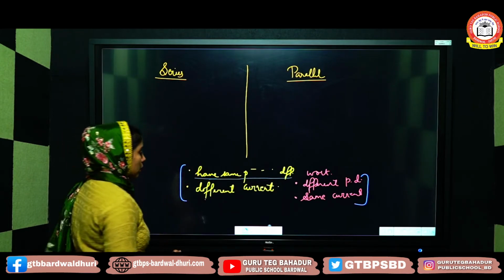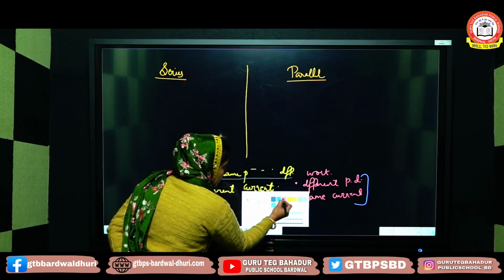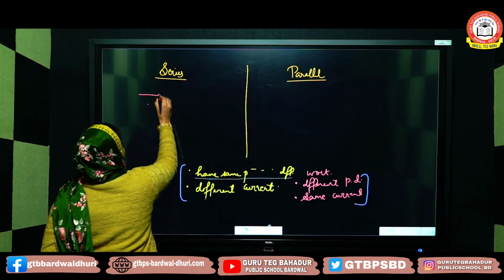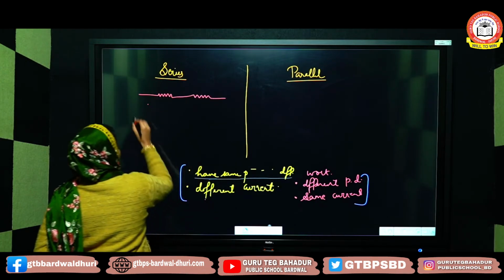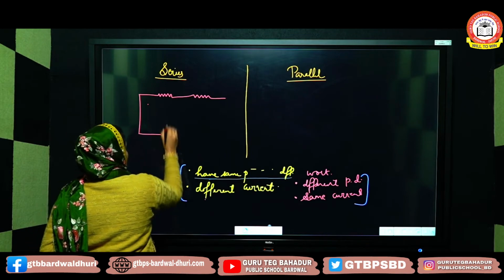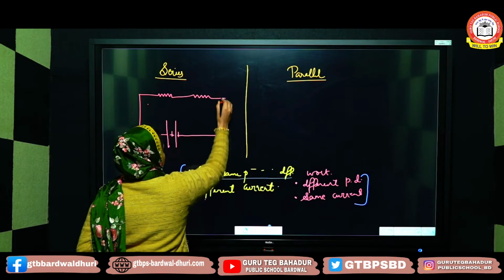So in series combination, firstly I am drawing a circuit. For example, I am taking just 2 resistances. This is the symbol for resistances, and they are connected to some source. I am taking a battery.